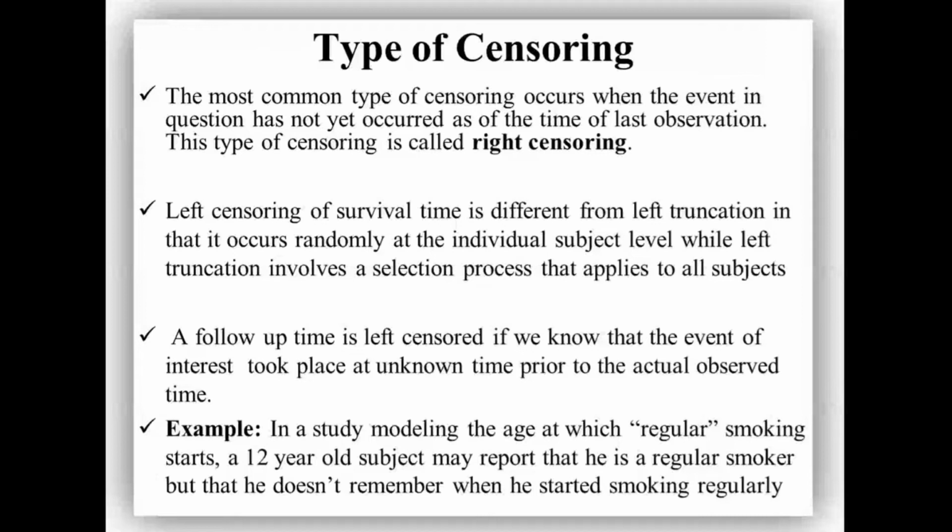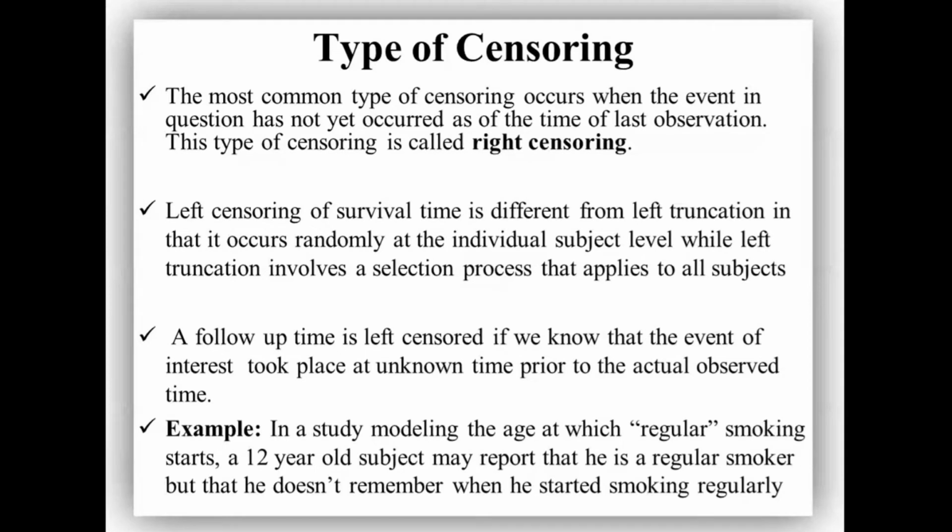Now your interest may be survival time until a person starts smoking. If you are to study such data, then obviously the origin will be birth. From birth until the first smoking, the time when a child starts smoking, that is the survival time.